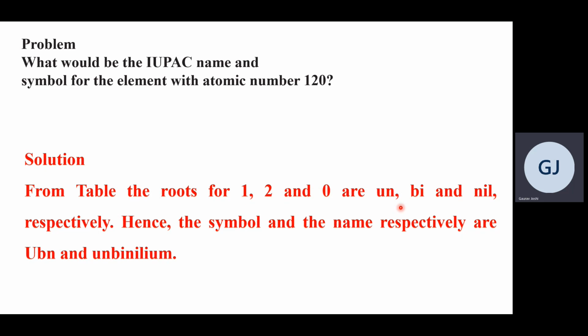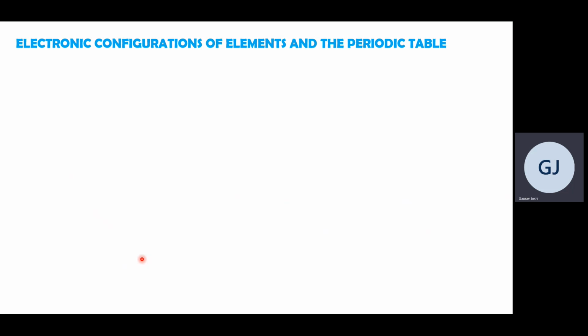So 1 is un, 2 is bi, and 0 is nil. So the symbol will be UBN, and the IUPAC name will be unbinilium, for the atomic number 120. So things are very simple.